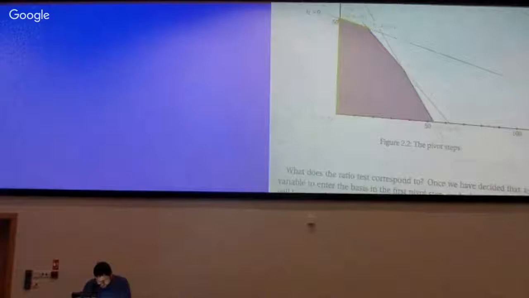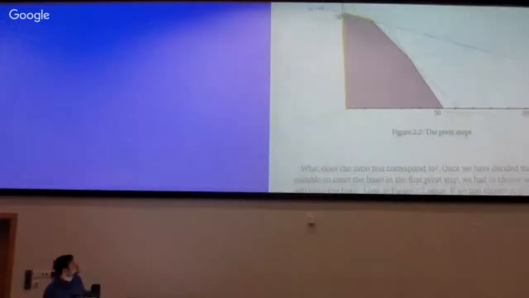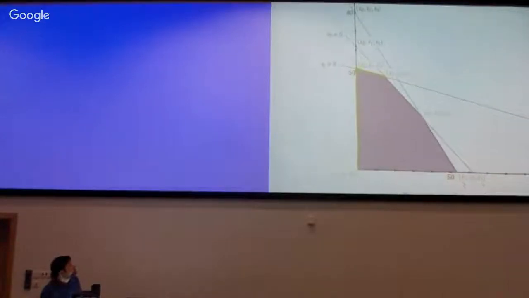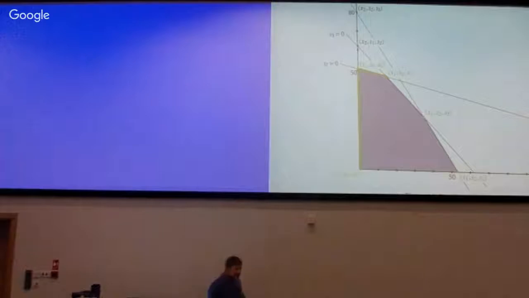Remember this picture, when we're doing our chess set pivoting. And then for example, we're doing the second pivot step. So we're here, the basis is x2, x1, x3. We want to pivot.